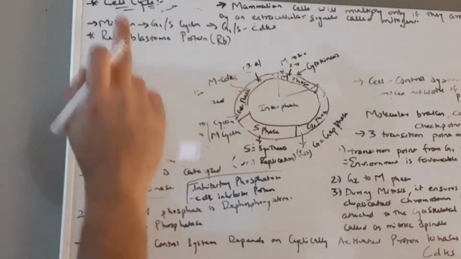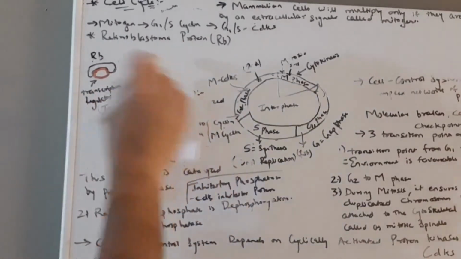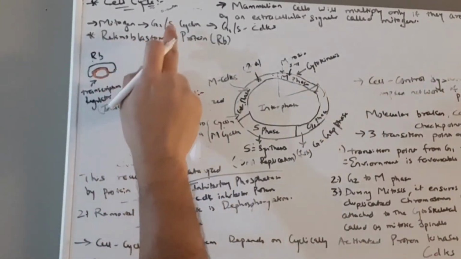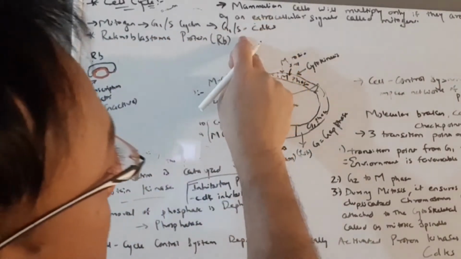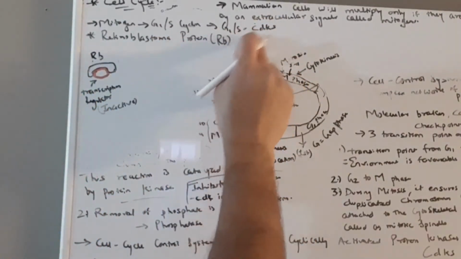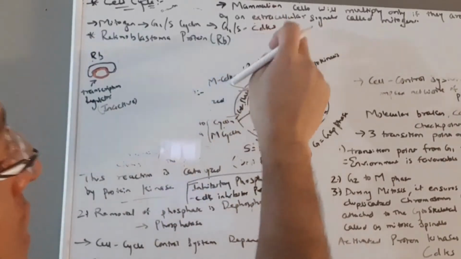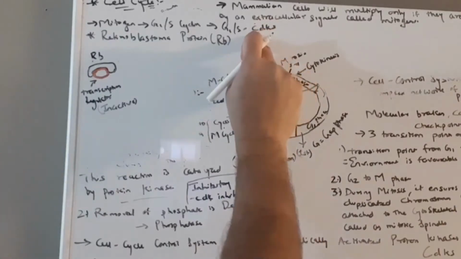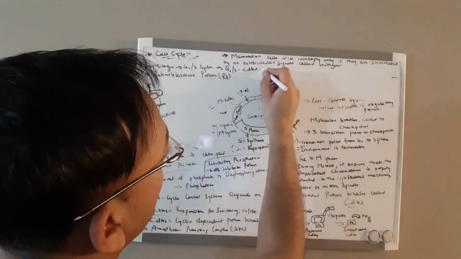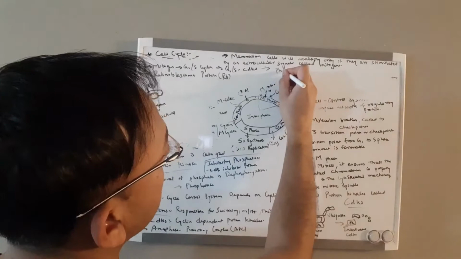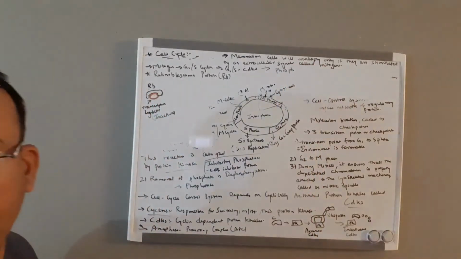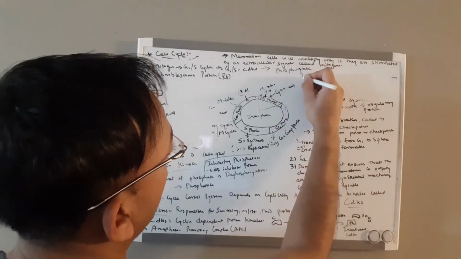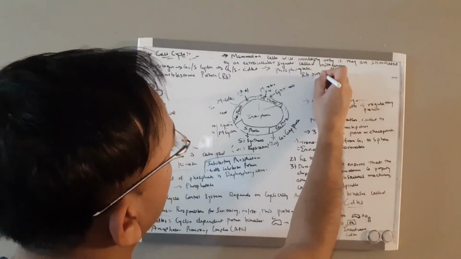So what does the mitogen do? The mitogen releases these RB brakes. How does it release them? As we see, mitogen acts on G1/S cyclin, and then it stimulates the G1/S cyclin dependent kinases, through a series of complex reactions. And these G1 CDKs phosphorylate the RB protein.